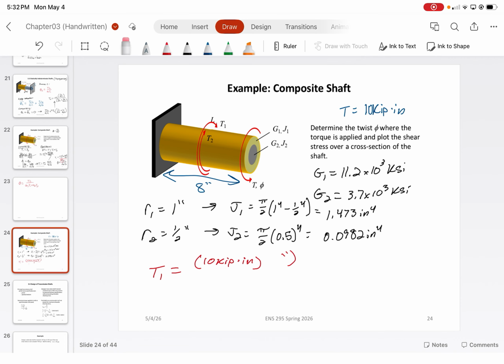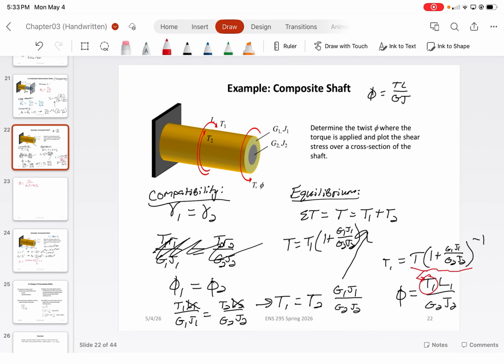Nope, I just realized I'm going way off. I'm following the wrong equation. Times 1 plus G1 J1 over G2 J2.